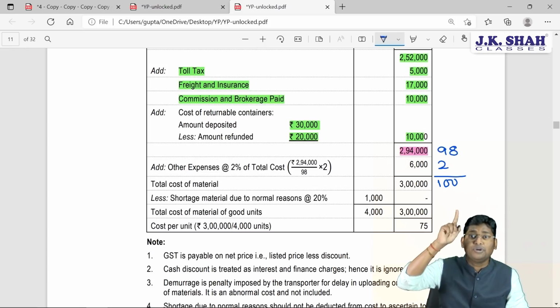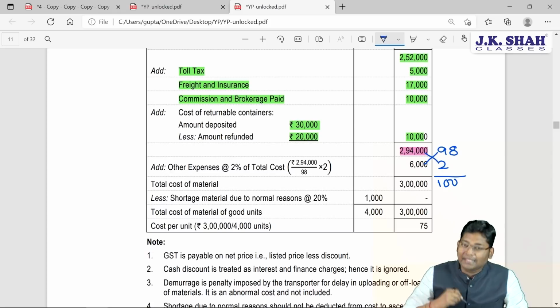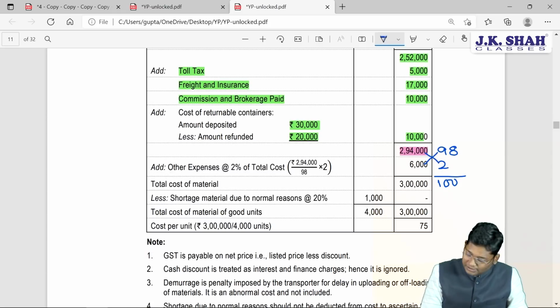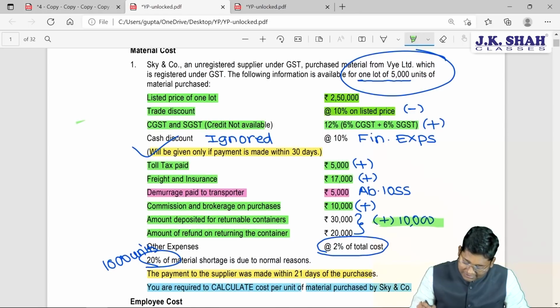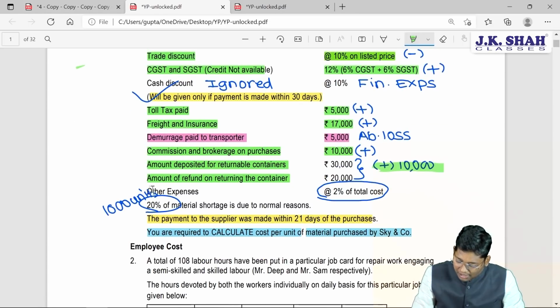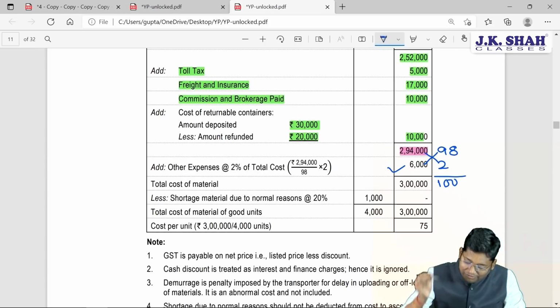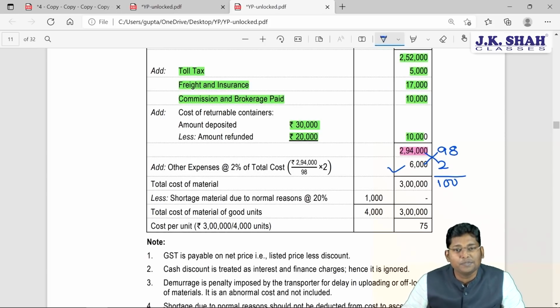We are going in the reverse order. When you cross multiply this, that is your 2,94,000 multiplied by 2 divided by 98, you are going to get 6,000 rupees as your other expenses, which is given in the question. Other expenses are 2% of total cost. So just reverse calculation is needed to understand this particular calculation.